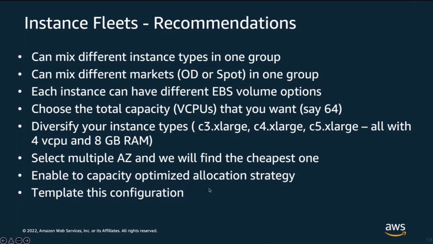You can enable the capacity-optimized allocation strategy, and you can template this configuration and reuse it for your other workloads as well. So we do have some recommendations. I think these are the recommendations which customers are using and getting success in reducing cost, getting the work done, and achieving faster performance.